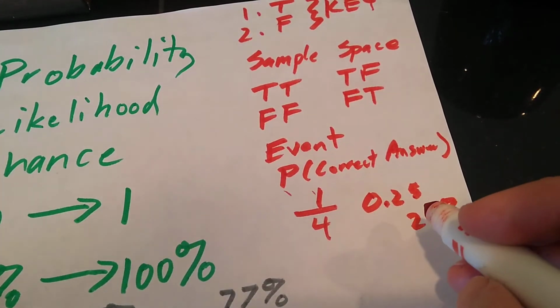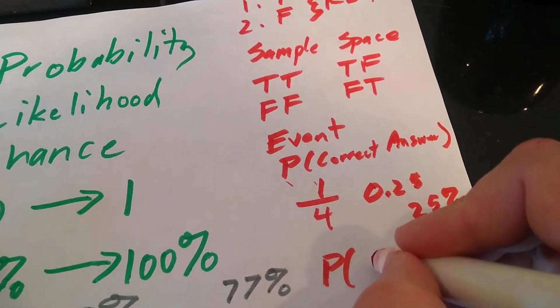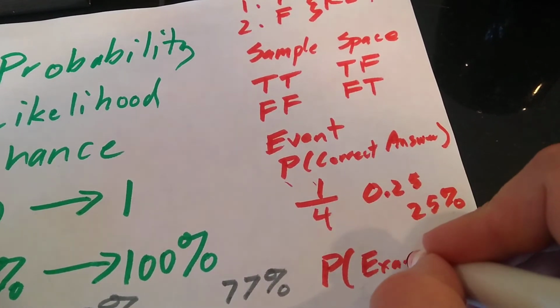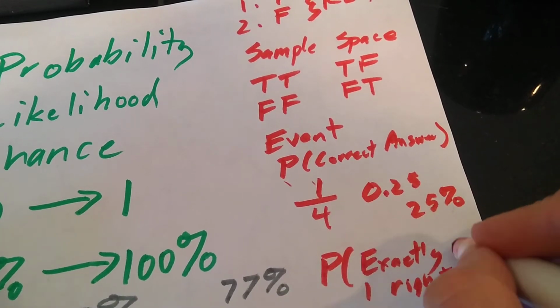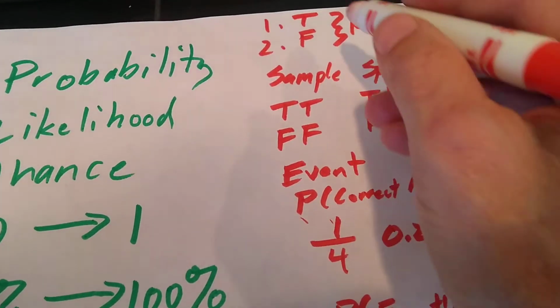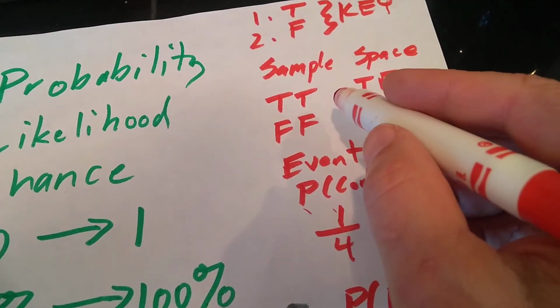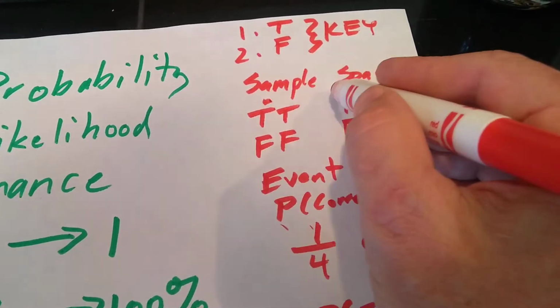Now the other one's a little trickier. What's the chance of getting exactly one right? So the probability of exactly one right. My dog's going to bark again. Well, here's the thing. First one's true, so that's the first one right, there and there.